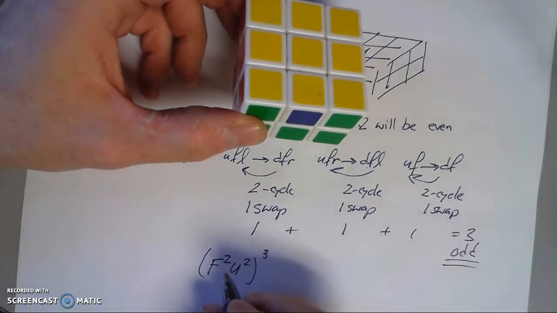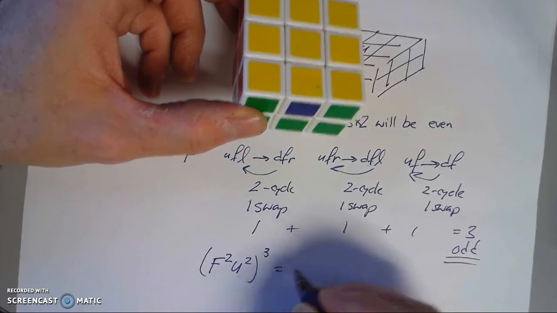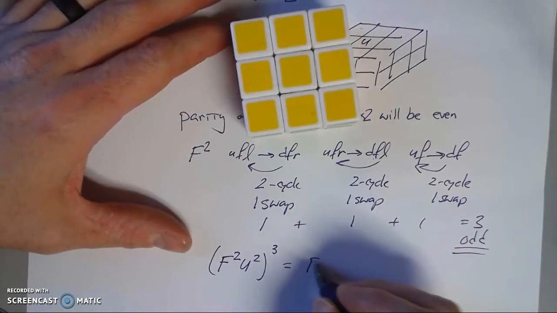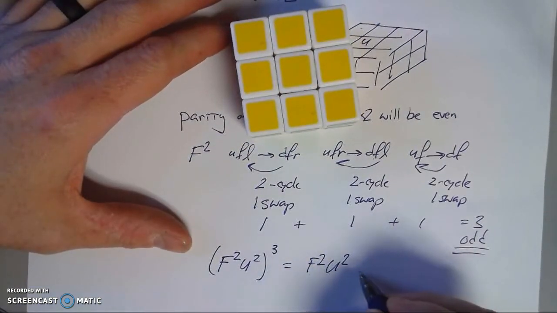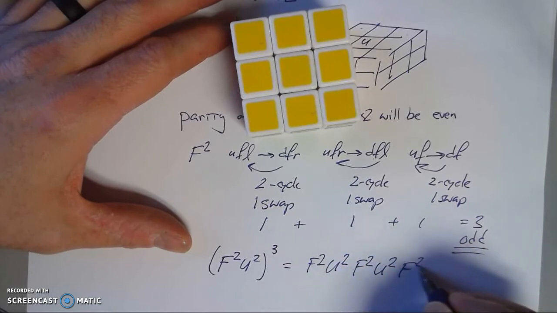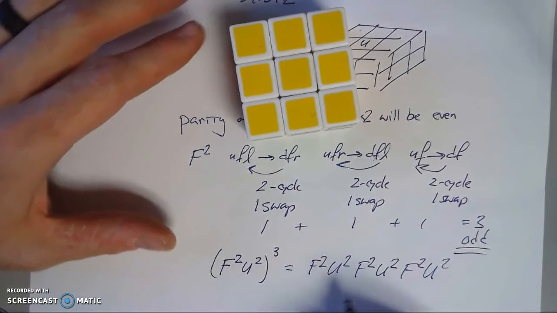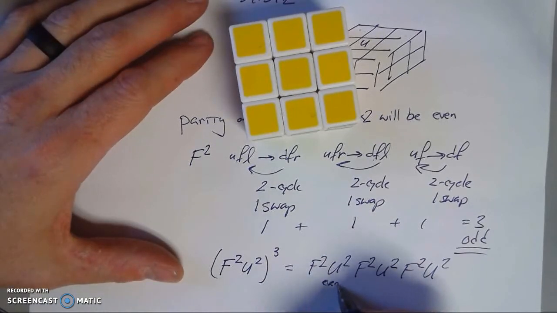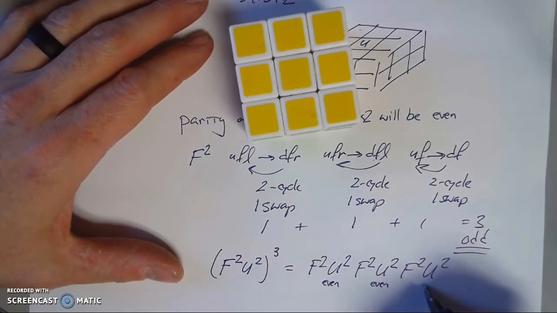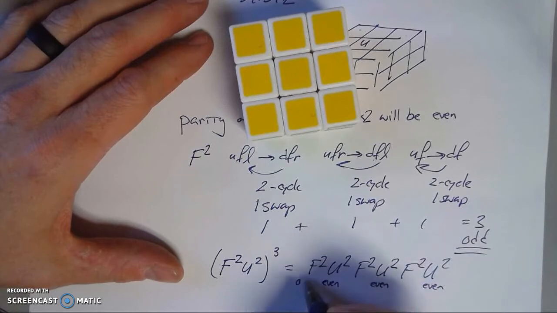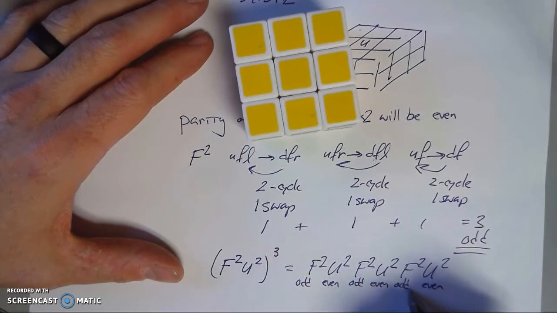Every time I'm doing one of these, let's write this out. This is F squared U squared F squared U squared F squared U squared. The U squareds are even, and the F squareds are odd, as we saw above.